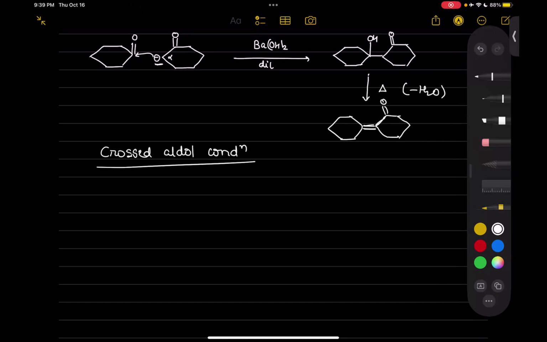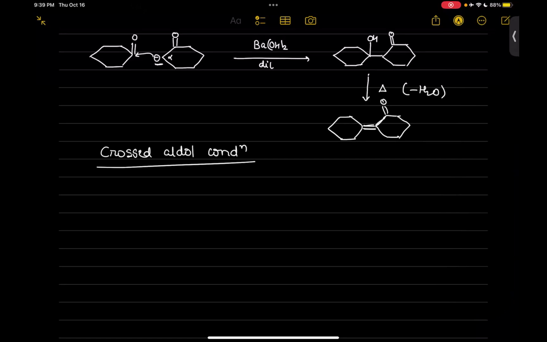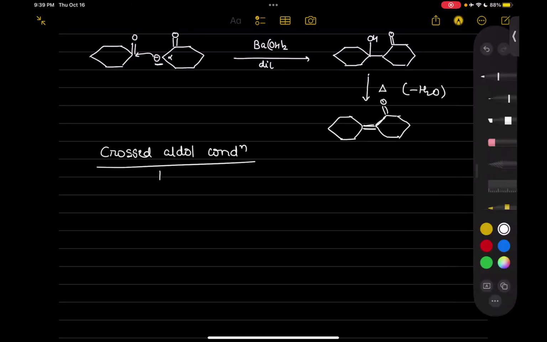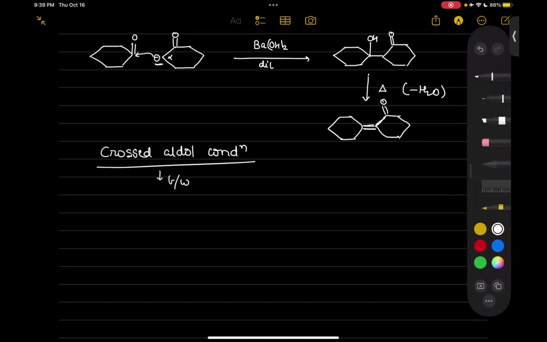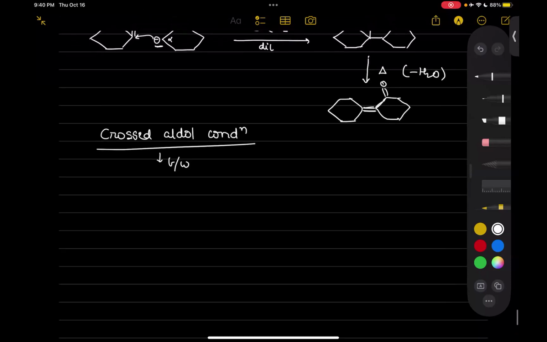And now we are looking at crossed. What is crossed aldol? Marwa, tell me. Aisha, Jaslin. Crossed means what? It is between two different types of aldehyde. Till now we have taken just one type of molecule.